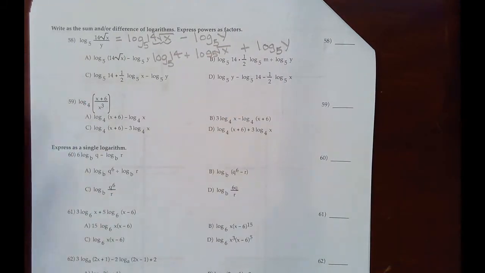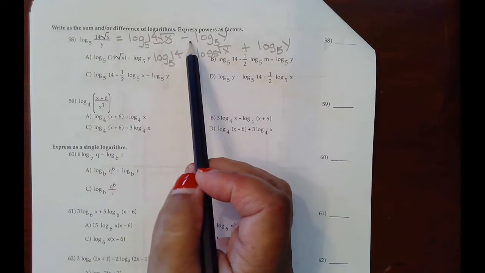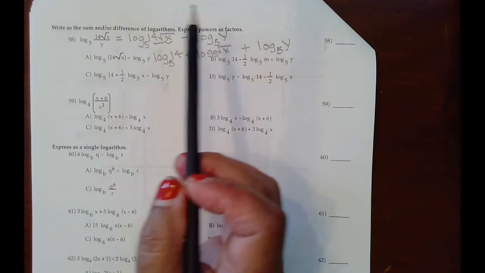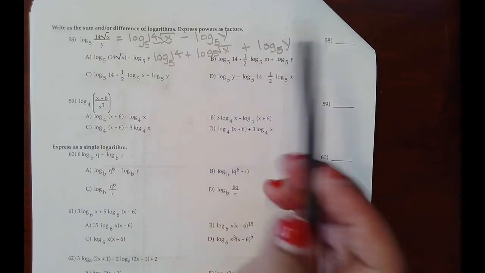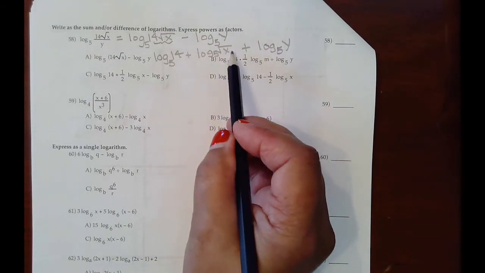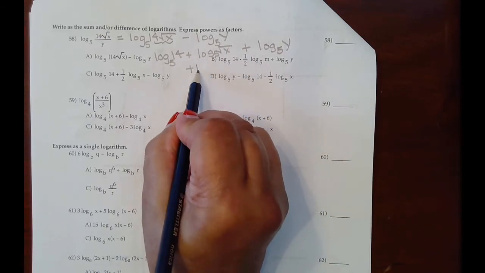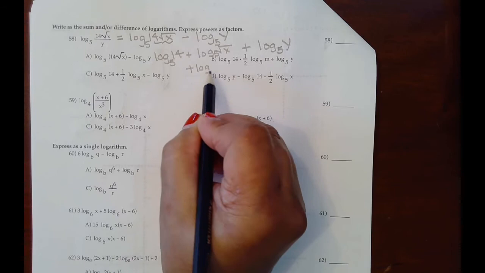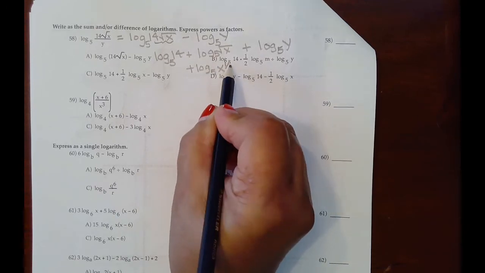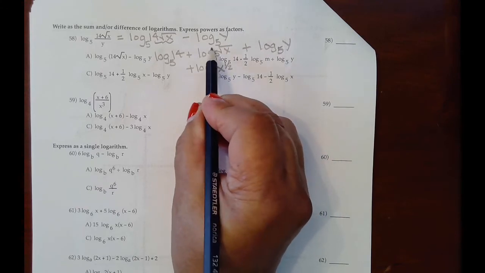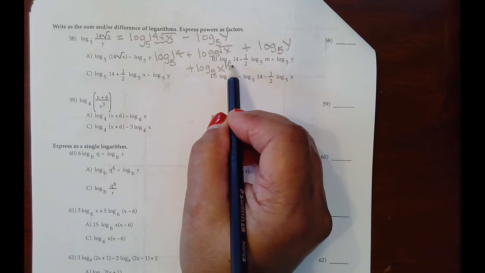And then you can still do one more property. So we had a quotient which deconstructs into a minus sign. We had a product which deconstructs into a sum. And then we also have the power property right here, because this middle term is the same thing as log base 5 of x to the 1/2. When you express the square root of x in power form, it's x to the 1/2.